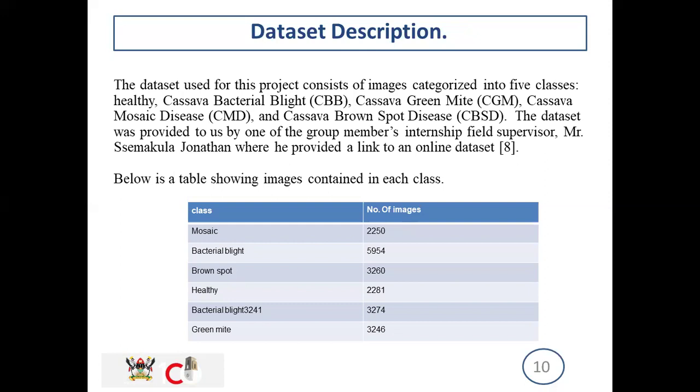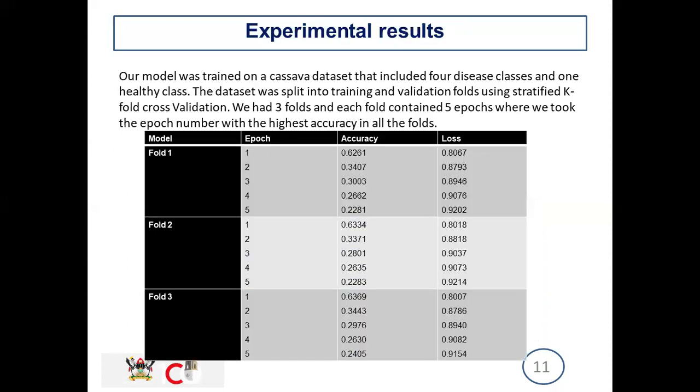We had 5 classes: 4 disease classes and 1 healthy class. The diseases were cassava mosaic, cassava bacterial blight, cassava brown spot, and cassava green mite, and we had cassava healthy. The number of images contained in each class are displayed in the table below.